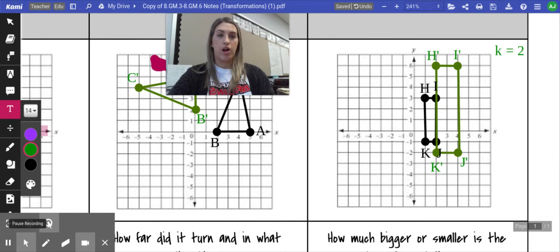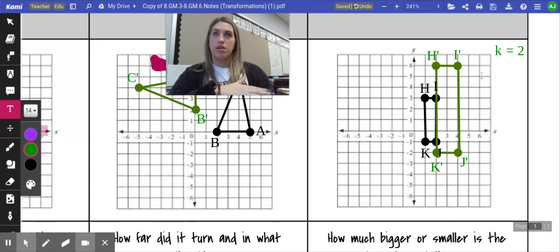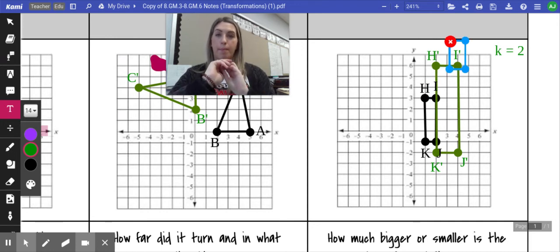I can also double check that my scale factor is 2 by counting the length of each side. In the pre-image, side HI is 1 unit, side H prime I prime is 2 units. So that got bigger by a factor of 2.